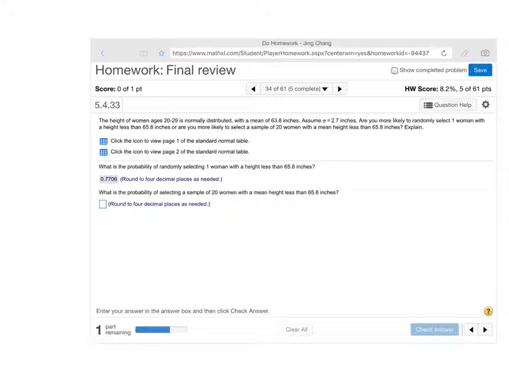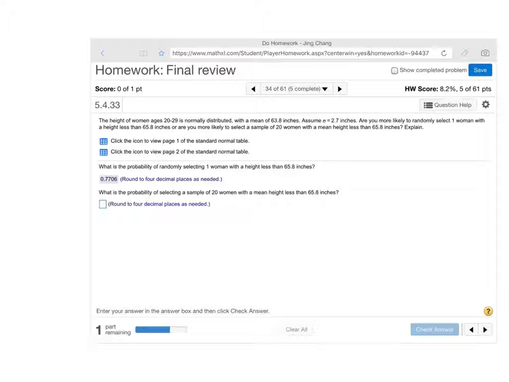And then in the normal calculator, we need to change the standard deviation to 0.6037 and use the same way, still the same mean, still figuring out the probability that x is less than or equal to 65.8.